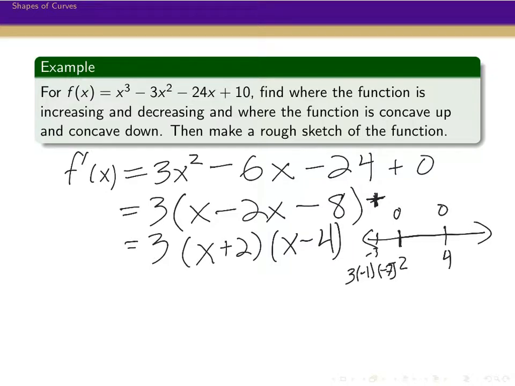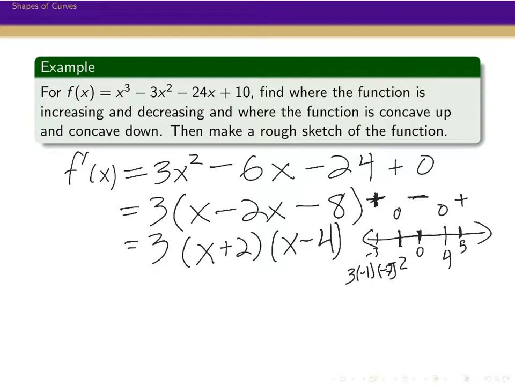If I plug in 0, which is nicely between minus 2 and 4, in the top form that cancels off the 3x squared and the minus 6x, leaving me with just minus 24. So that's negative. And then say I try 5: 3 times 7 times 1 gives me positive 21. So that's positive again.